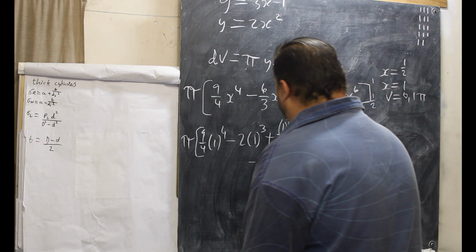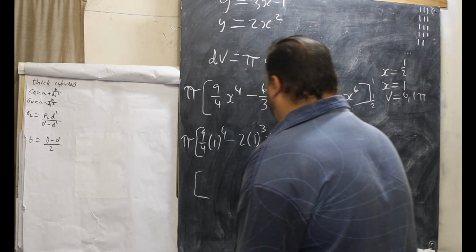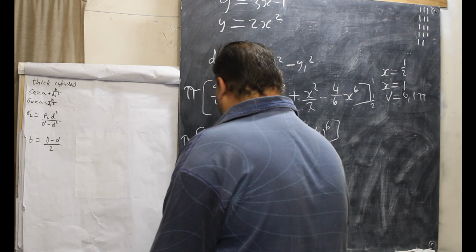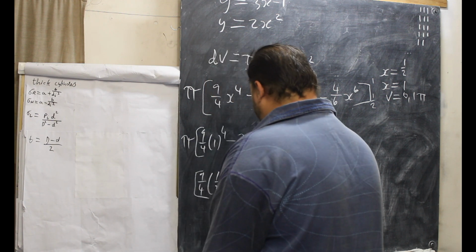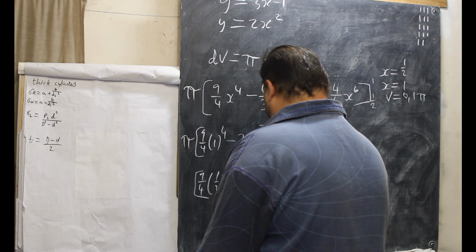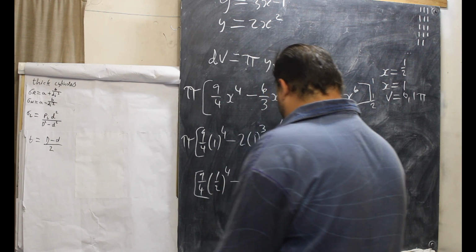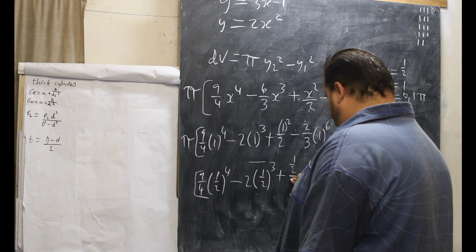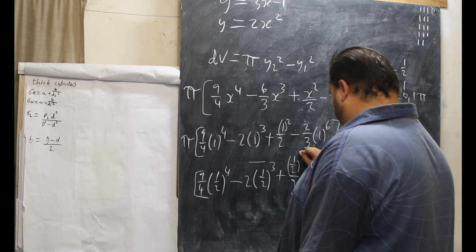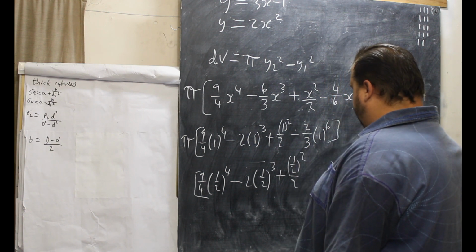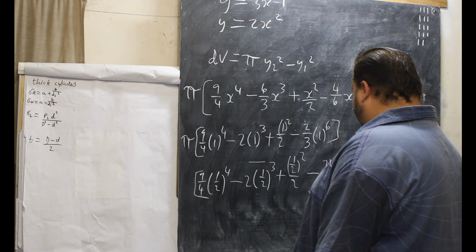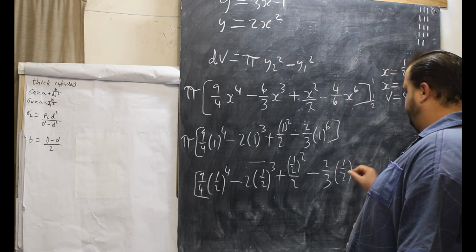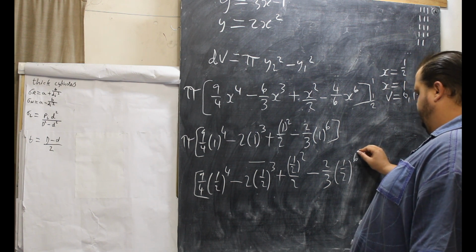Now we're going to minus that from 9/4 times 1/2 to the power 4 minus 2 times 1/2 to the third plus 1/2 squared over 2 minus 2/3 times 1/2 to the power 6.